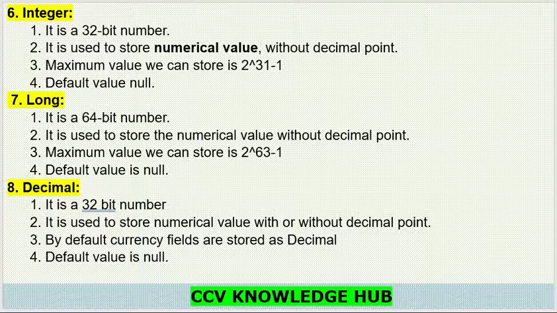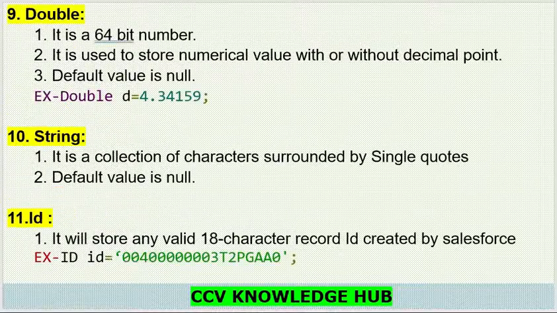Next one is Decimal. It is used to store numerical values with or without a decimal point. By default, currency fields are stored as decimal values. Here we can define the precision also. The default value of Decimal is null. Let's move to the next data types.